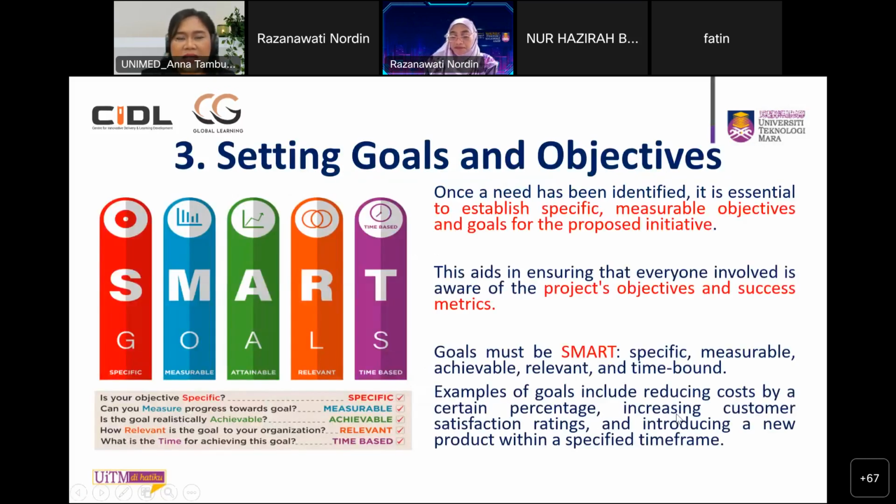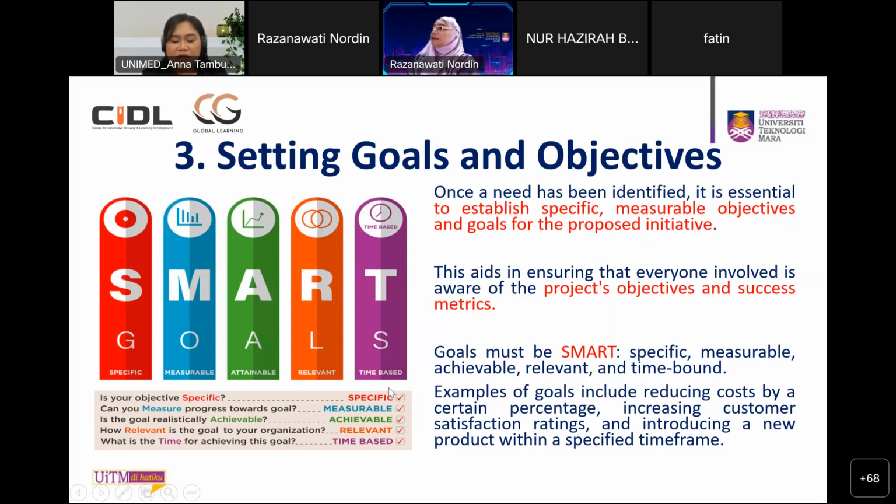The next one is setting goals and objectives. Once a need has been identified, it is important to set clear and measurable goals and objectives for the proposed initiative. This helps ensure that everyone involved understands what they are working towards and how success will be measured. Goals should be SMART: specific, measurable, attainable, relevant, and time bound.